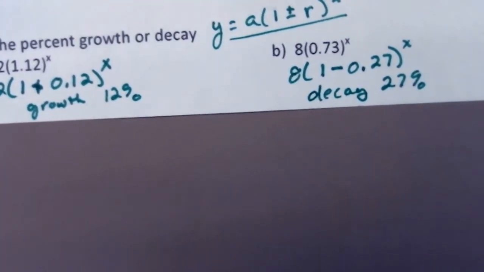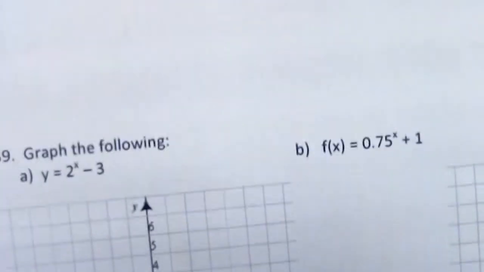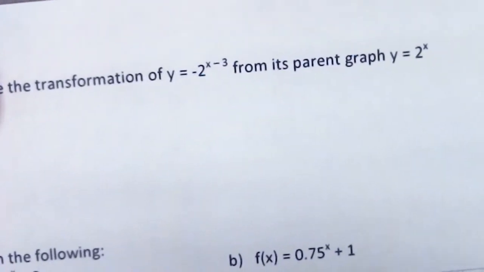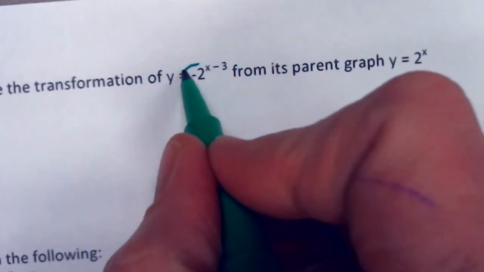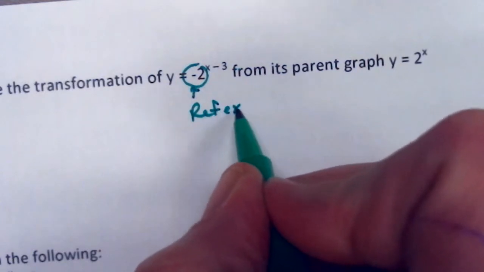58. Describe the transformation. Oh, where'd it go? There we go. Now, first of all, because the 2 is negative, it's a reflection over the x-axis.